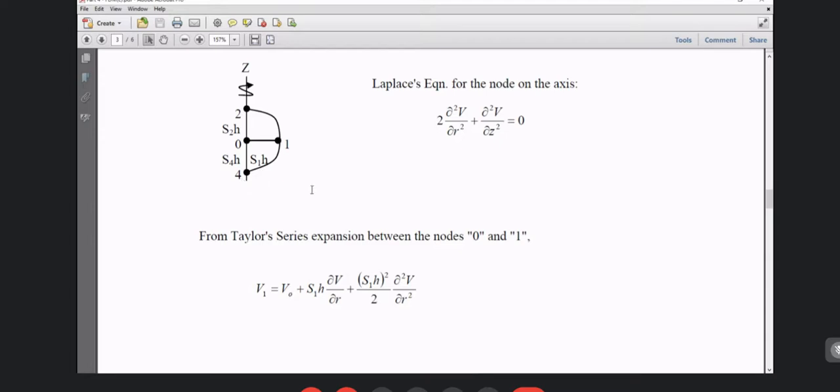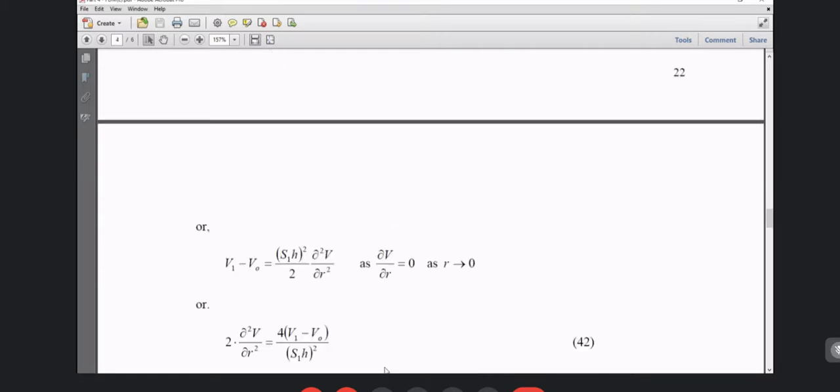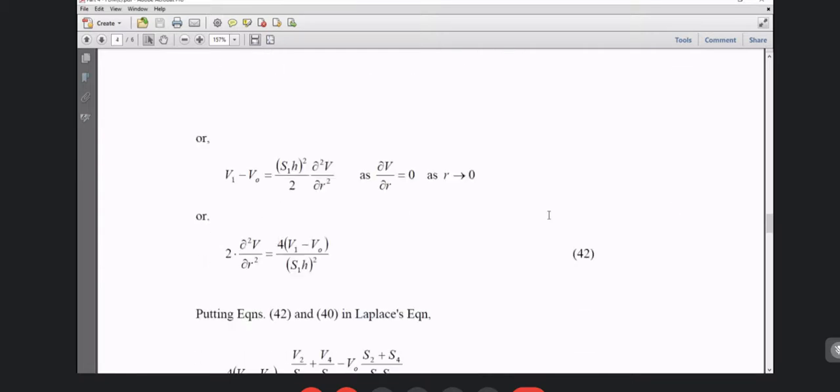So we apply Taylor series between node 0 and 1, and we get this expression. And del v del r is 0 because here r is 0, so the second term is 0. So we get this expression. Here we have written that at r tends to 0, del v del r is 0. So we get equation 42, where 2 del 2 v del r square is one term of the Laplace's equation.